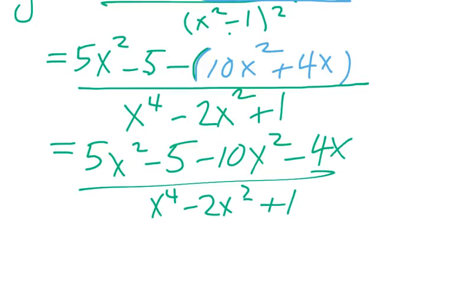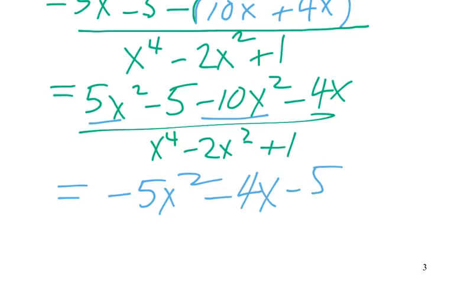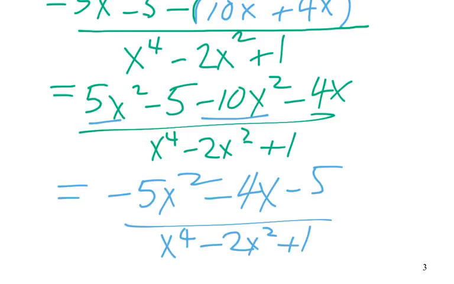Alright, we have 5x squared and negative 10x squared. So that's going to give us negative 5x squared minus 4x minus 5 all over x to the 4th minus 2x squared plus 1. Needless to say, the derivatives of quotients are not pretty, but that's it. That's y prime. We just found the derivative.